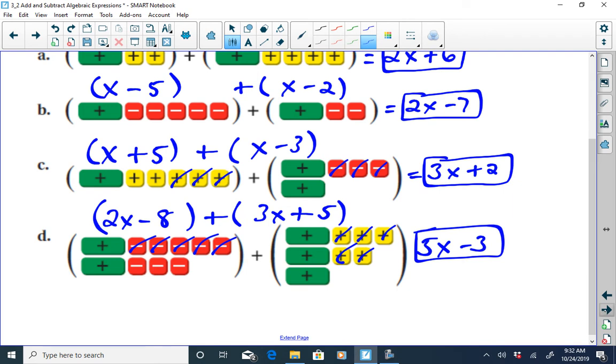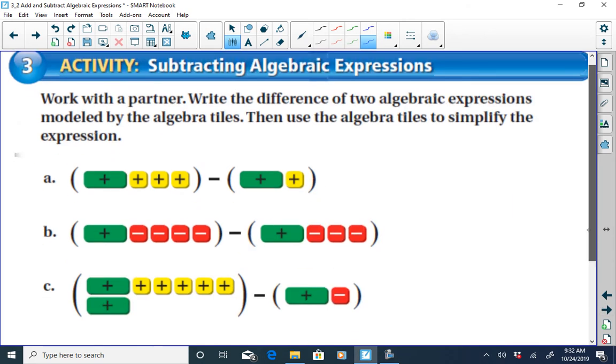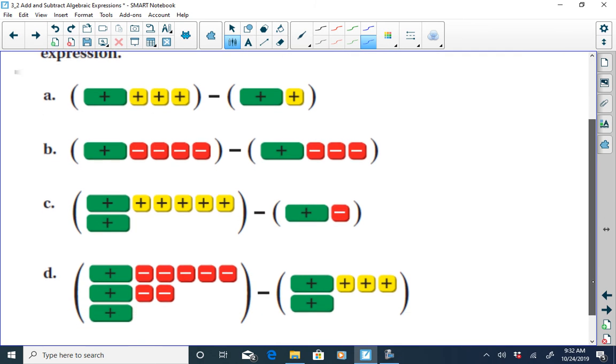algebraic expressions. Let's do a few subtractions, right? A little different with the subtraction. So I'm going to have 1x here plus 3. But now I'm taking away one of those x's and 1. Right? So to take away, we do this.